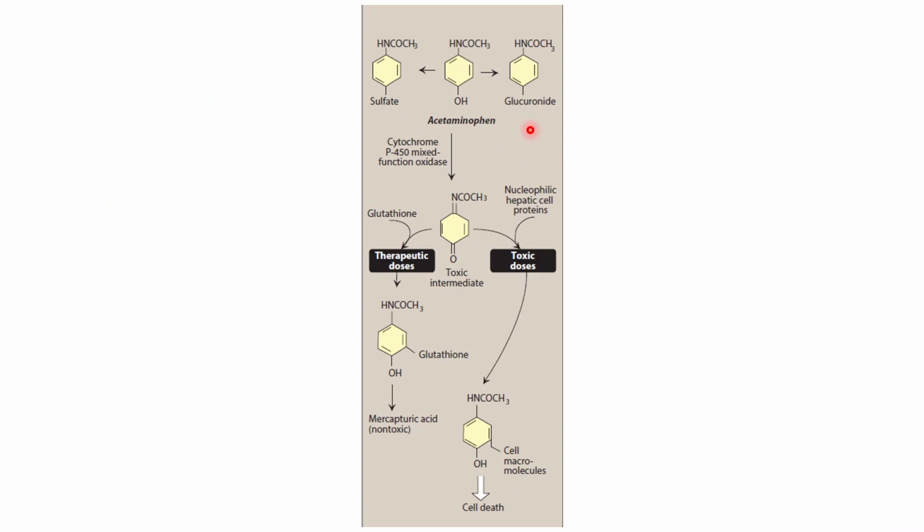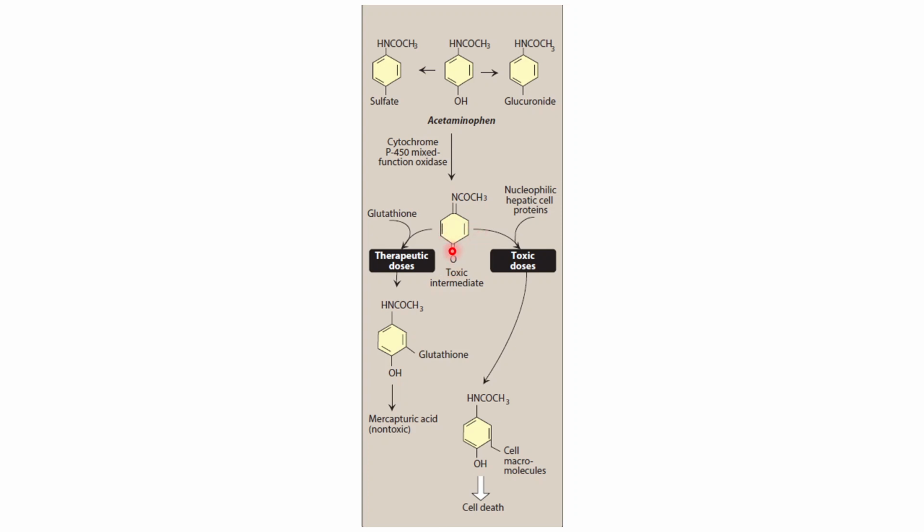And also we will speak about acetaminophen, or paracetamol in Europe and Tylenol in the USA. Acetaminophen has several metabolites, so it can be metabolized to the glucuronide and sulfate. It can also be metabolized to a toxic intermediate that can be toxic for the liver.